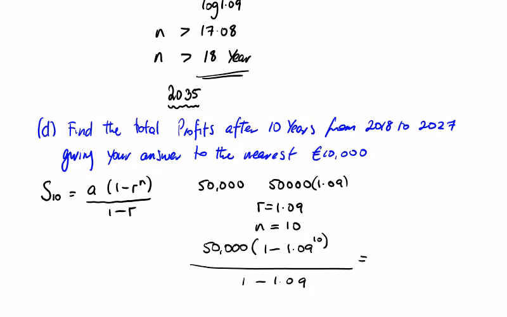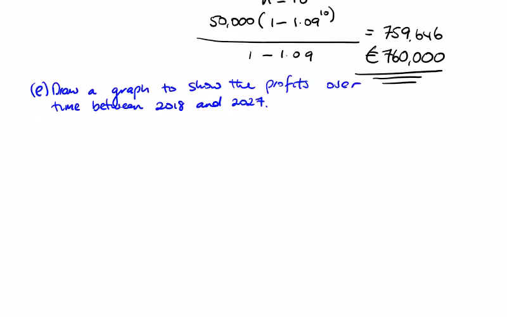And we type that into our calculator, it's going to give us 759,646, which is really close to 760,000 euros to the nearest 10,000.